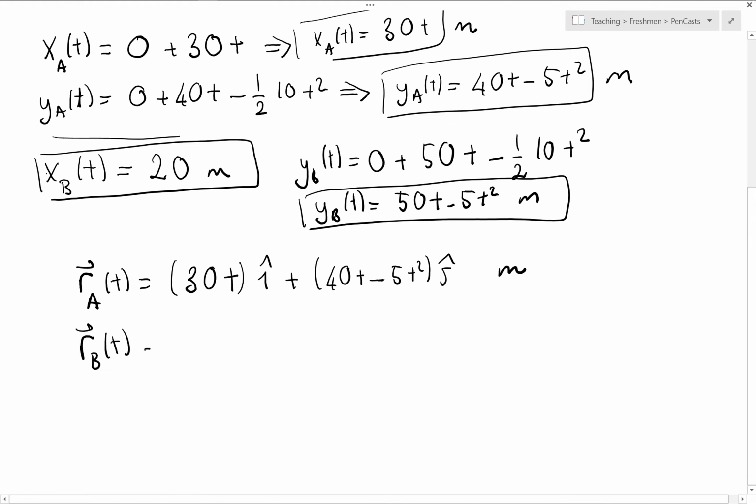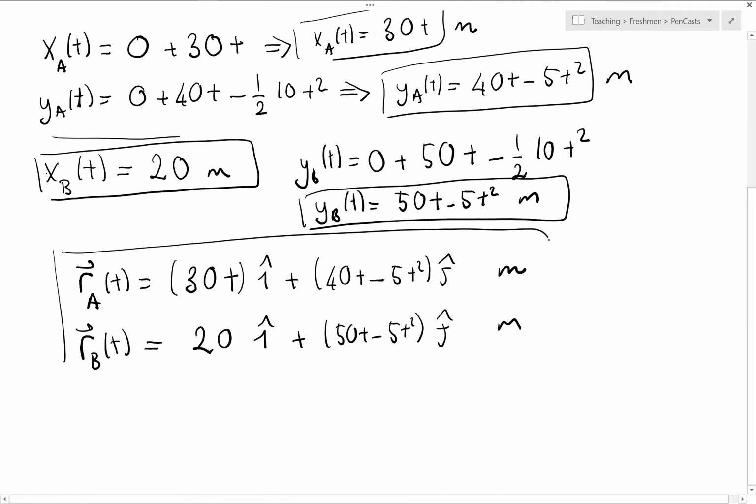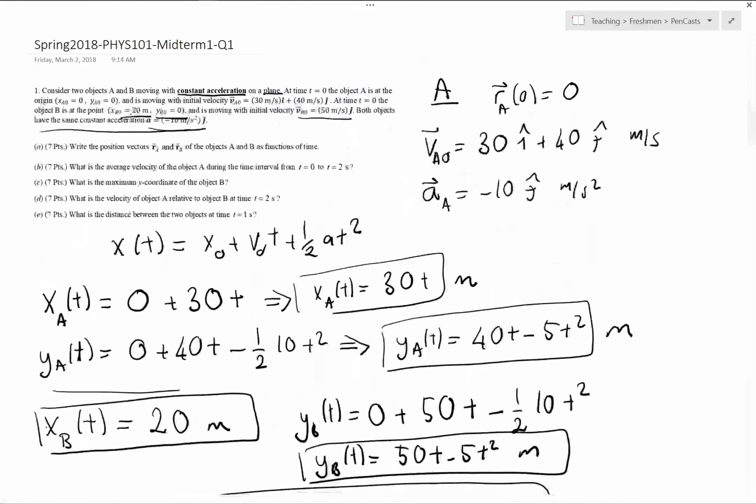RB of t is 20 i hat plus 50t minus 5t squared j hat, again in meters. So I have expressed the position vectors of A and B as functions of time.